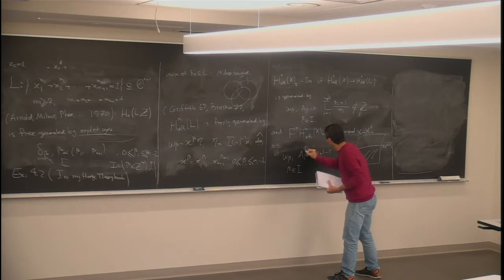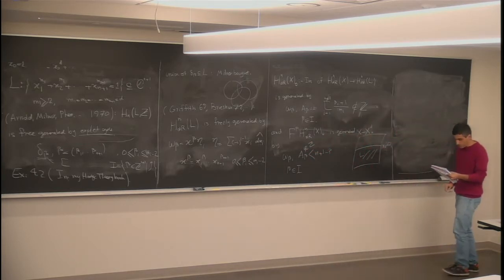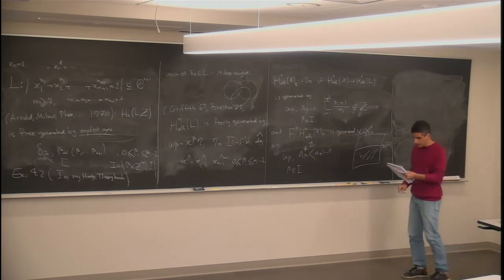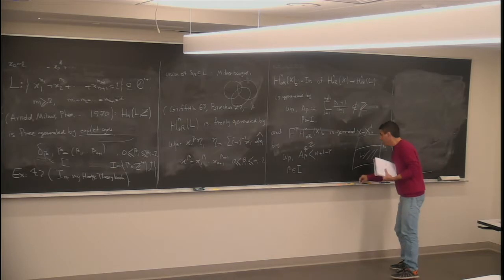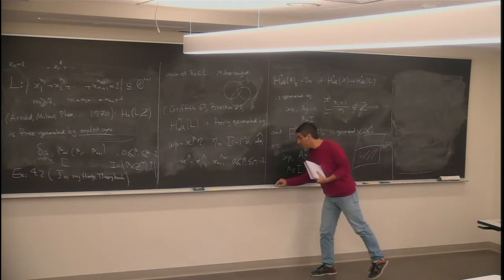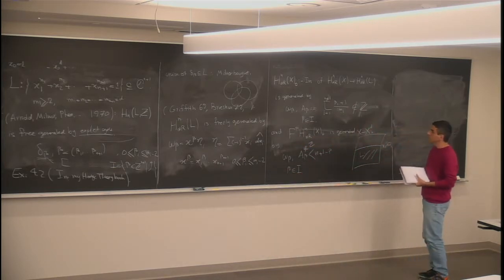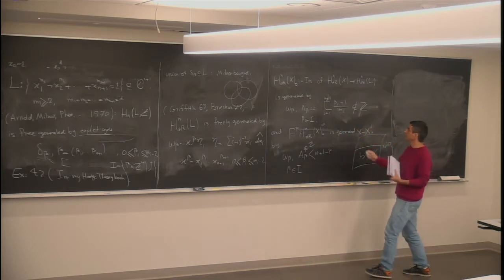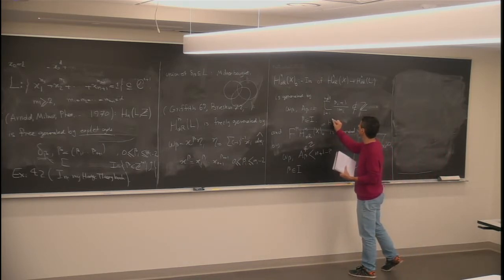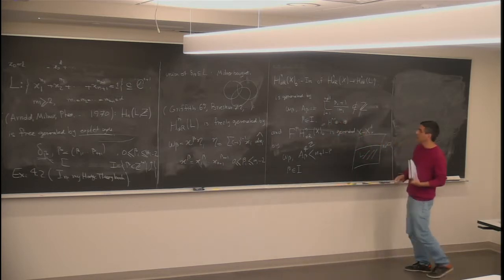This guy is not an integer, and so on. At some point I will define this algebraic de Rham homology and the algebraic Hodge filtration. But if you are familiar with the analytic one, this is H^n, 0 plus and so on.